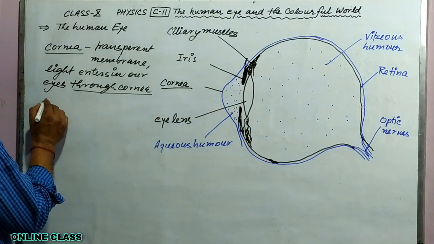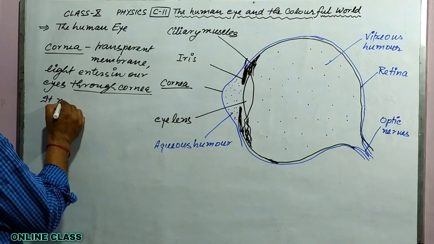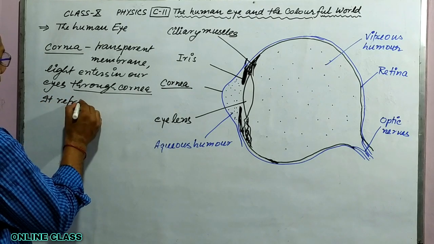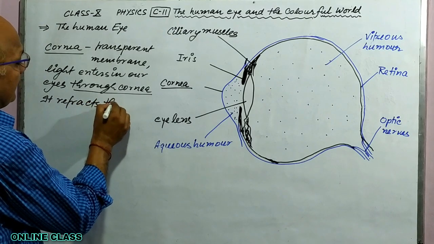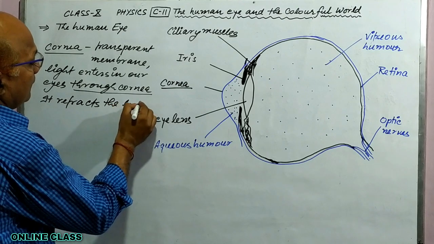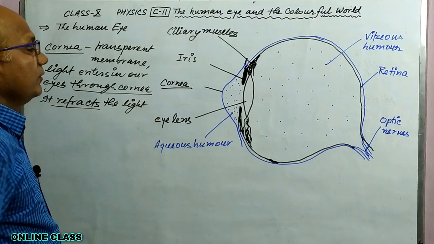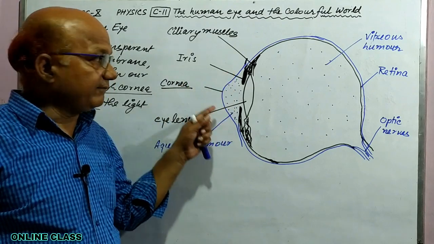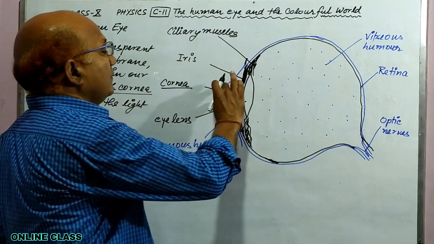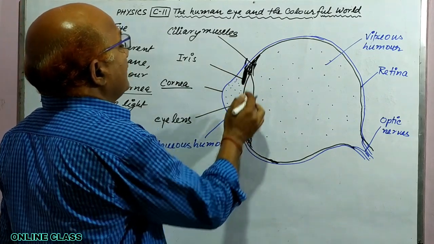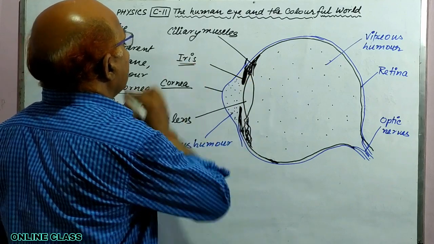So, it refracts the light. So, it also helps in refraction of light, and after cornea this is iris.